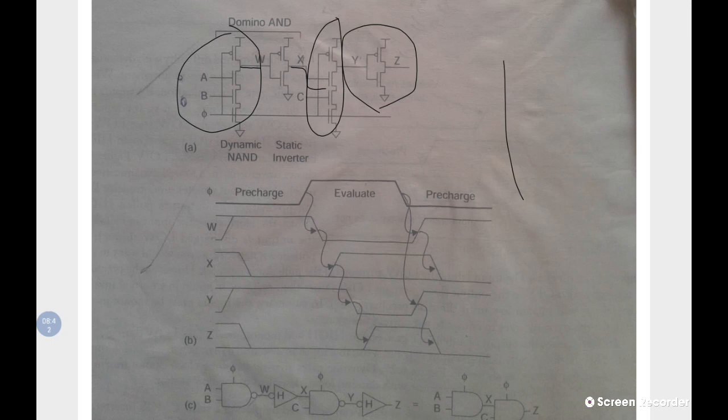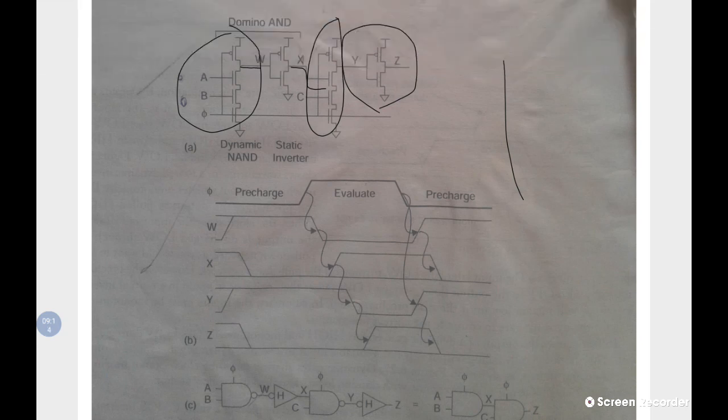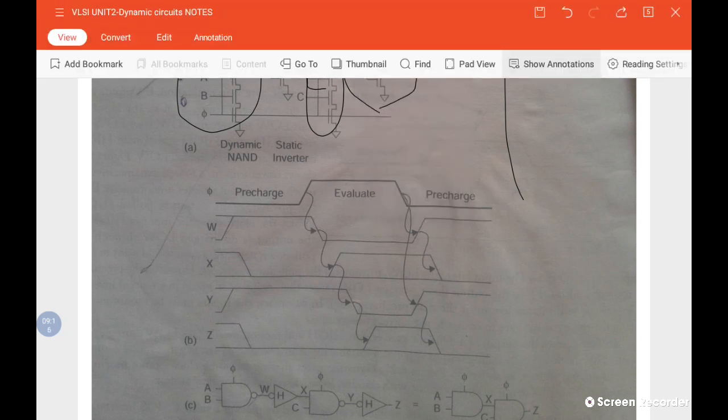The output of the inverter is just the inverted signal. During pre-charge, the high signal is inverted and you are getting low X, and during evaluation the low signal is inverted and you are getting a high signal. So the output in W is inverted again. Now you see this in evaluation mode.